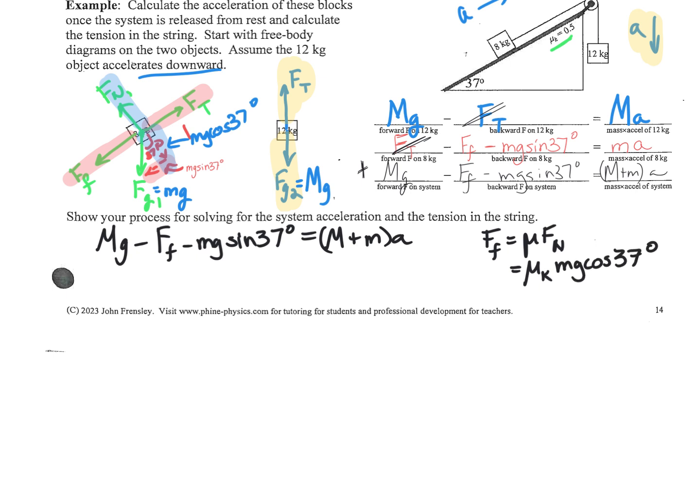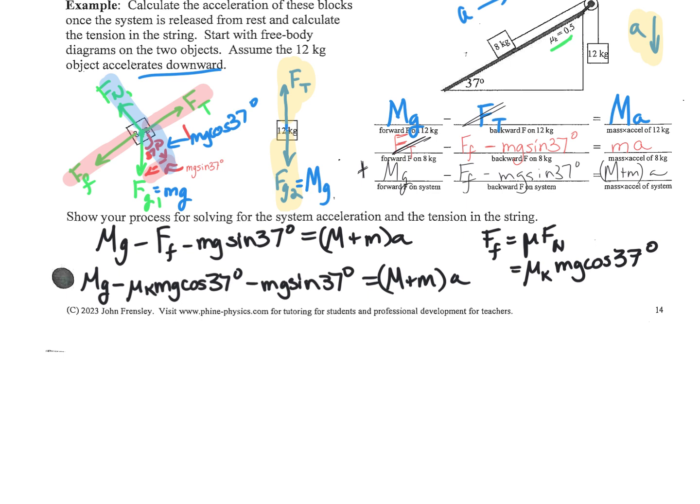So let's plug it all in. We've got big mg minus mu sub k little mg cosine 37 degrees minus little mg sine 37 degrees equals big M plus little m A. So now I'm just going to plug in all the numbers.